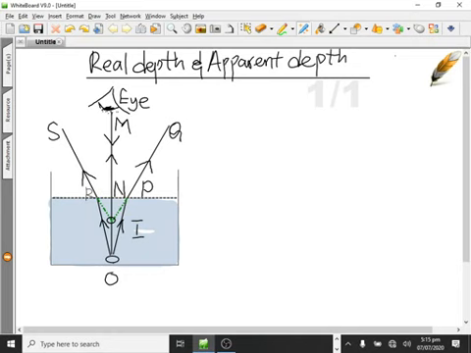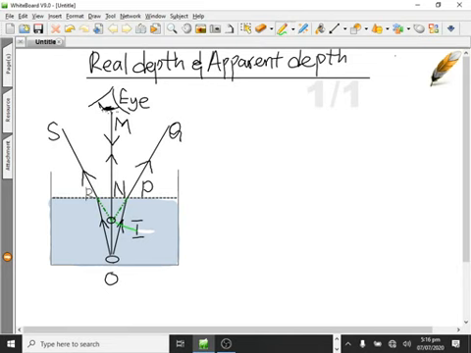Now, if you produce these two refracted rays a bit longer, they meet at a point. The point where they both meet is what we call our point I, the point of intersection.